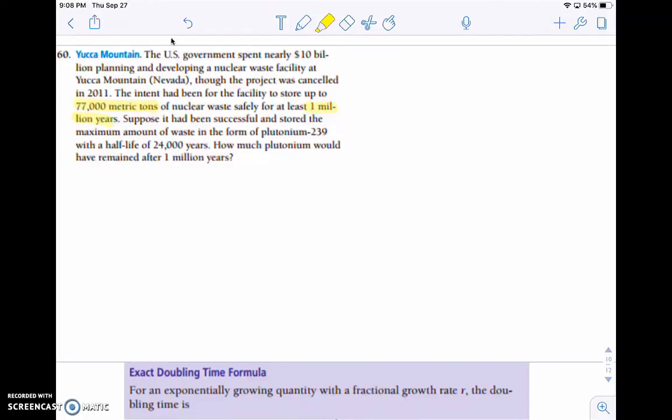Suppose it was successful and stored the maximum amount of waste in the form of plutonium-239 with a half-life again of 24,000 years. How much plutonium would remain after that 1 million years?